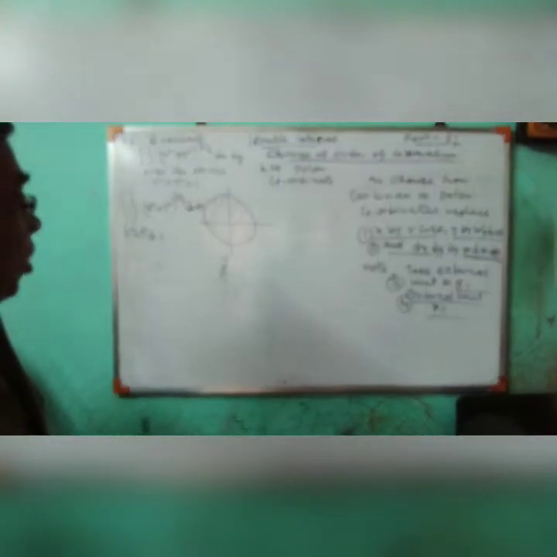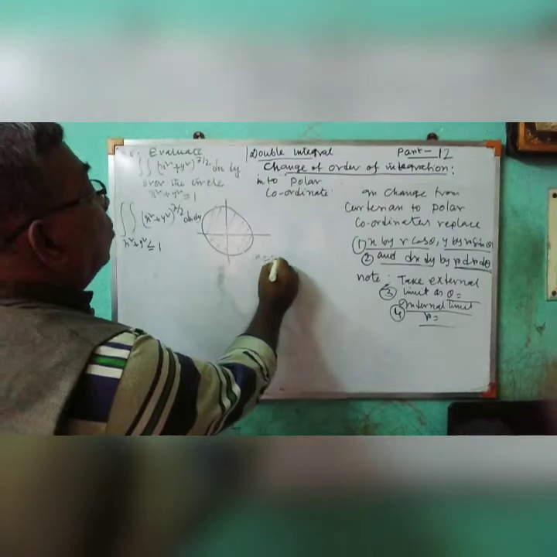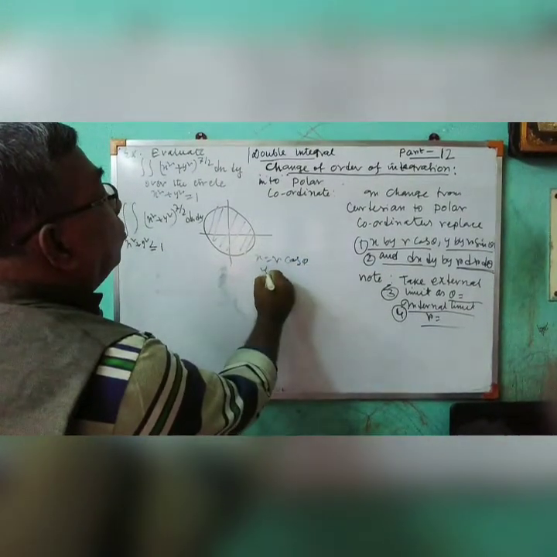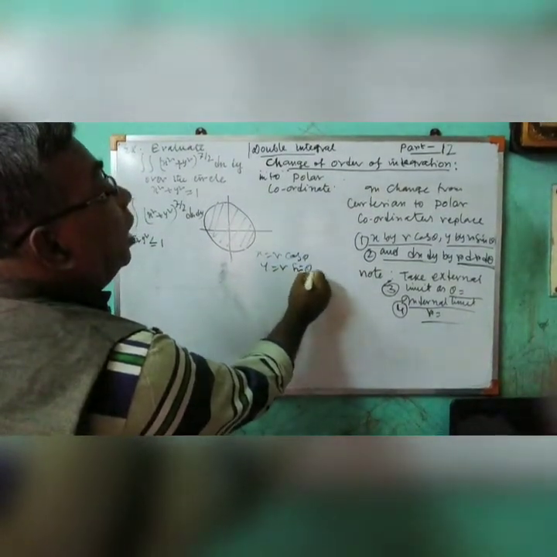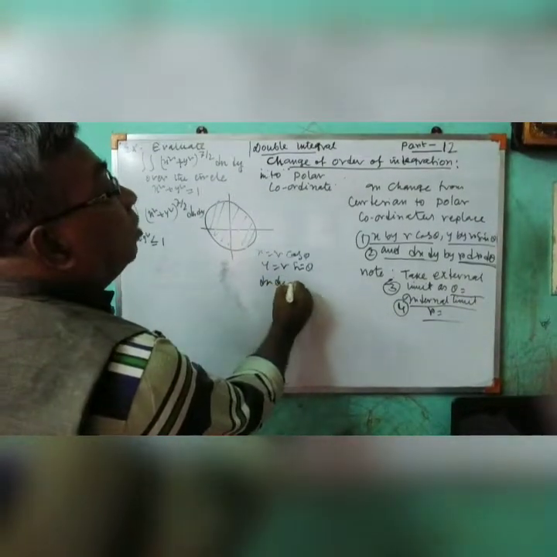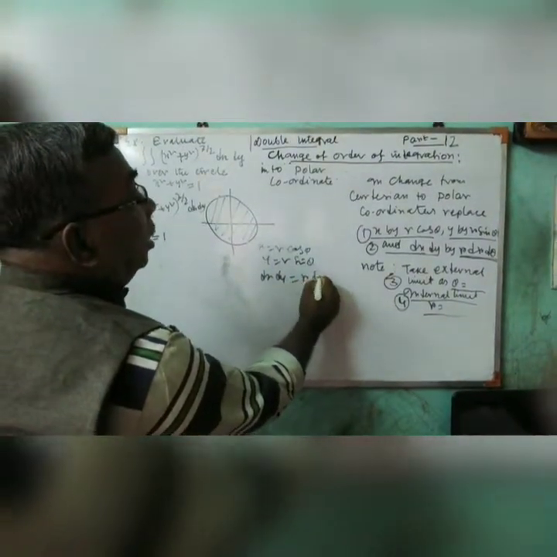Now how to find this? You have to make, as I told, x equal to r cos theta, y equal to r sin theta, and in place of dx dy we have to place r dr d theta.